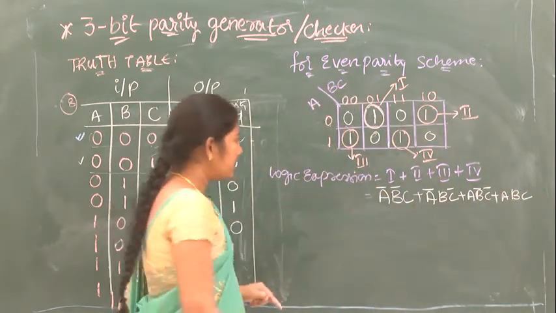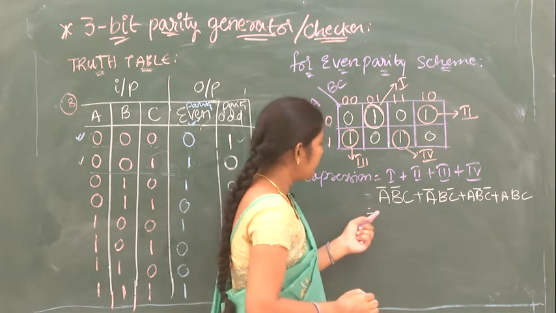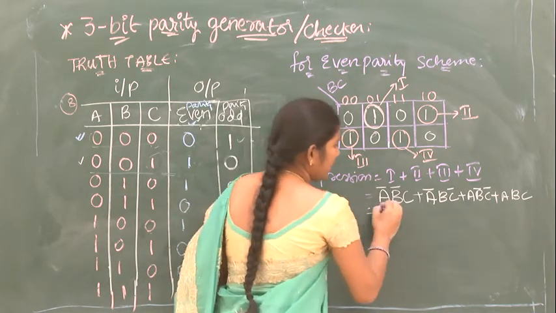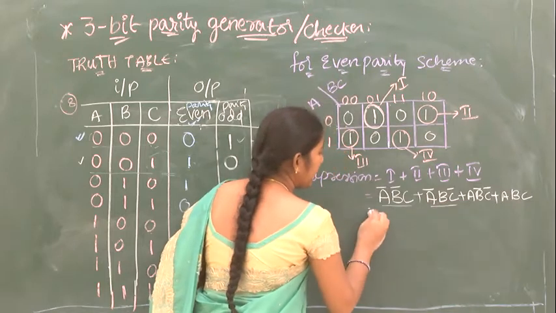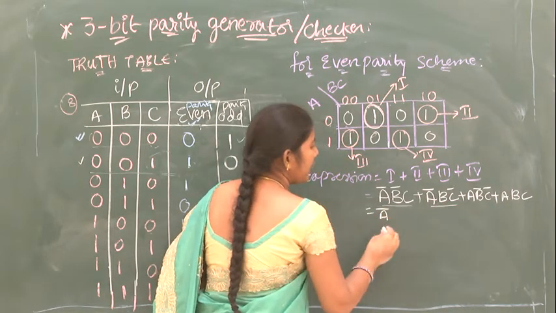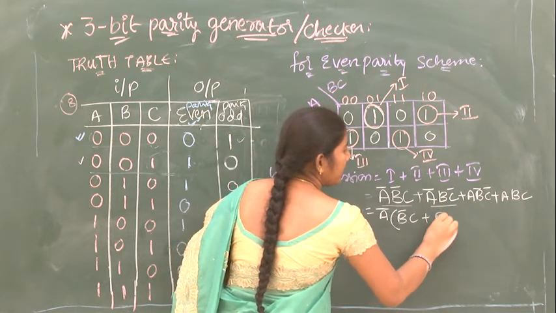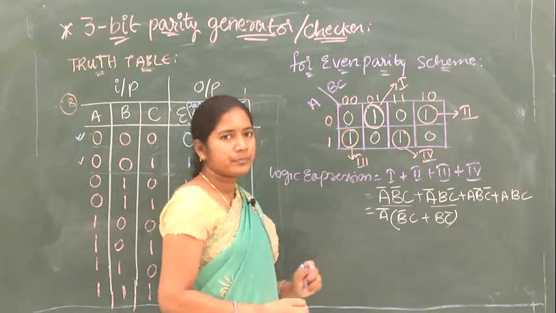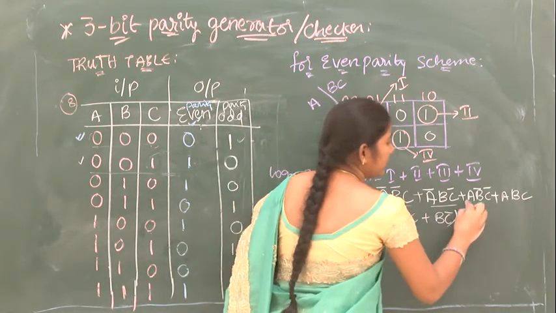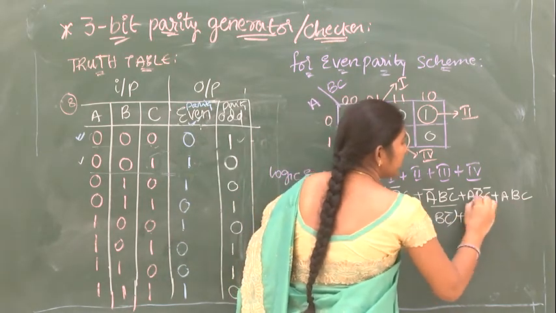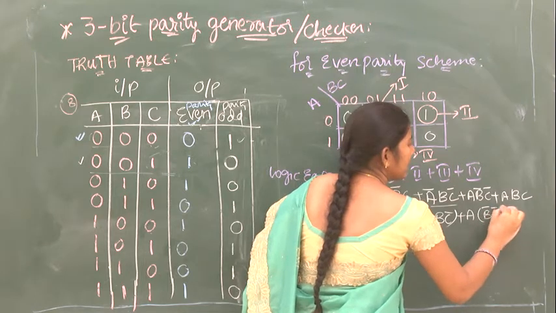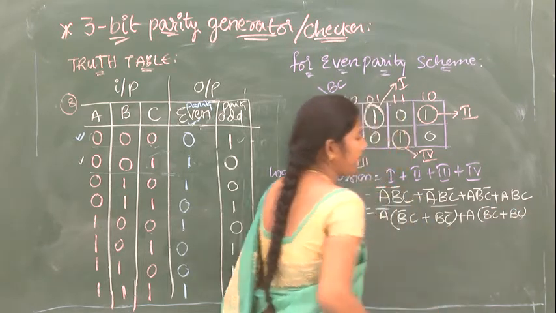We'll simplify these terms by taking common values. In these two terms, A bar is common, so I will take A bar as common, and it is B bar C plus B C bar. In this, A is common, so we will get B bar C bar plus BC.